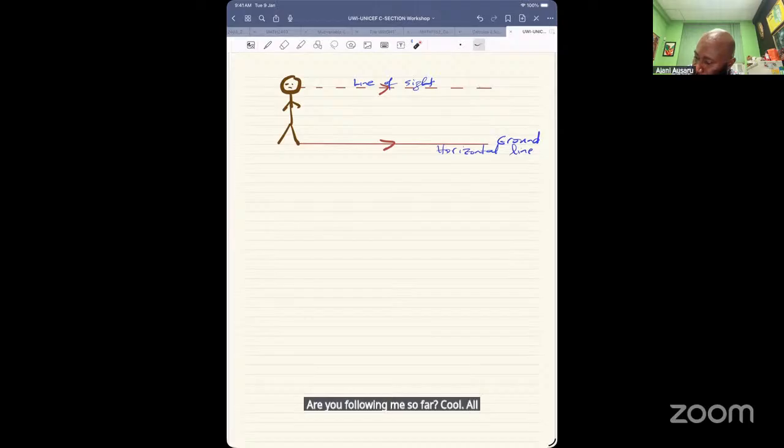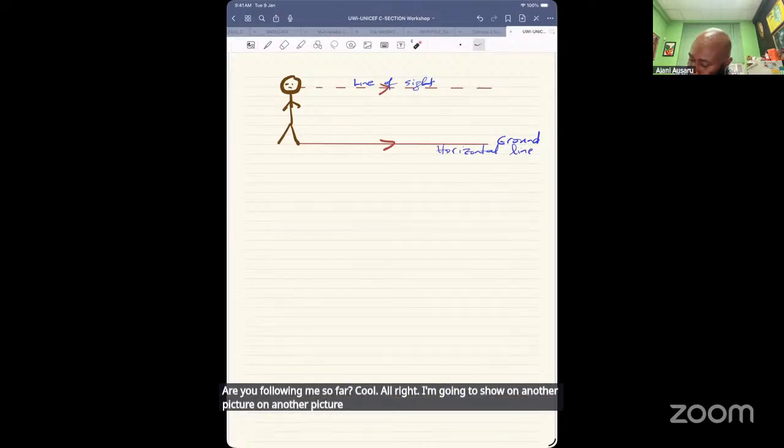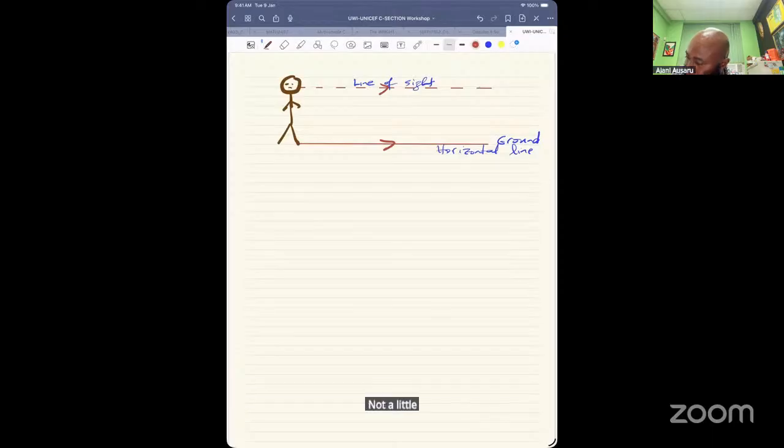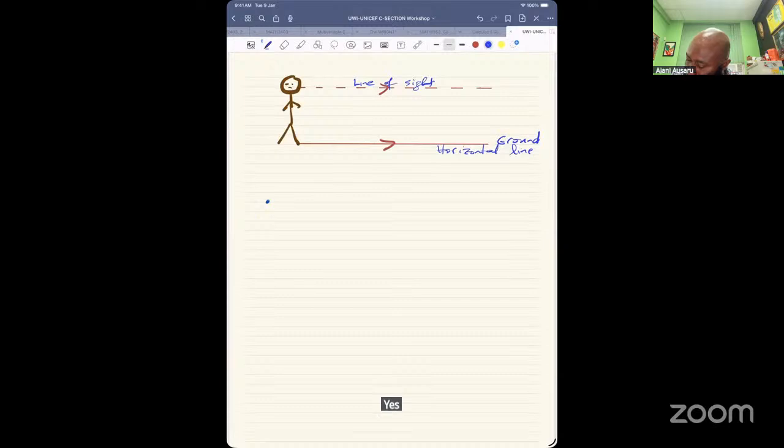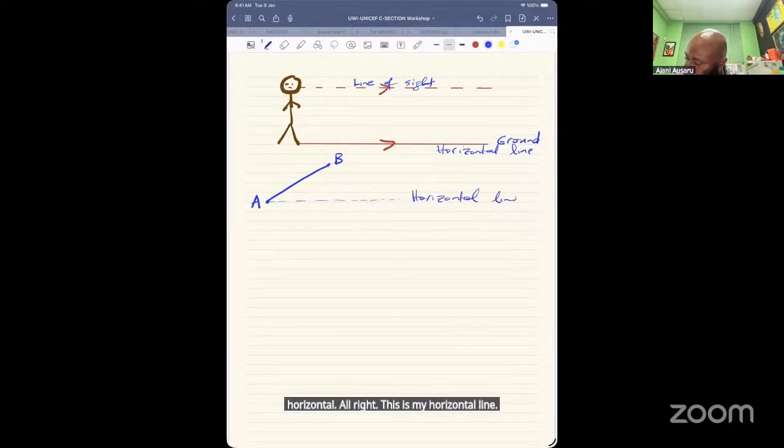I'm going to draw another little picture here quickly. Use green here. So this is A, and this is B. And this here is my horizontal line, similar to this horizontal line, okay?